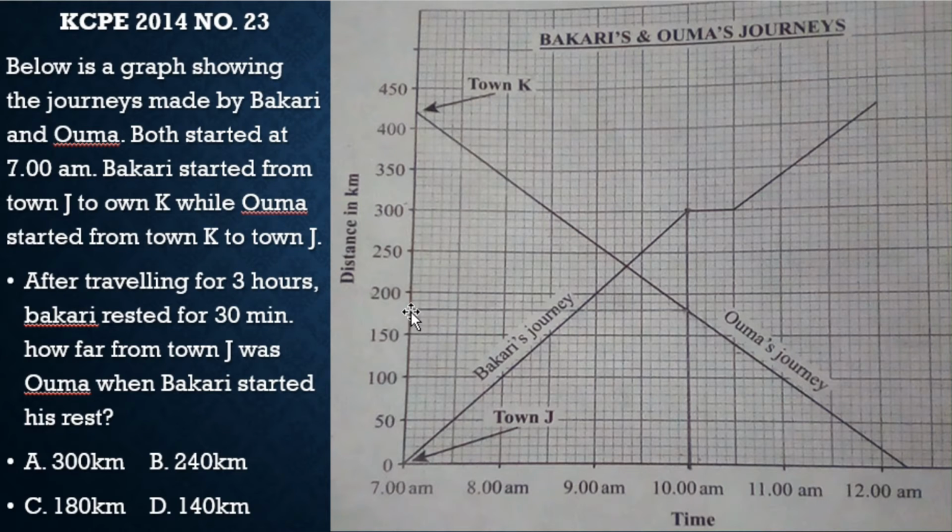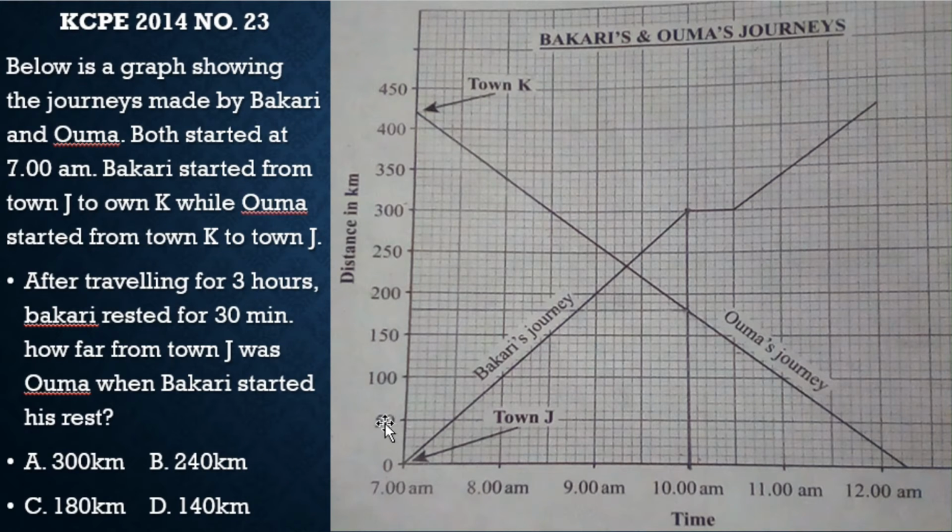And I've said it's very important you identify the scale used on the vertical axis, because if you don't identify the scale, you are going to get the wrong answer. So the scale we have identified by saying 1 centimeter on the vertical axis represents 50 kilometers. And these 50 kilometers are in 5 small units.